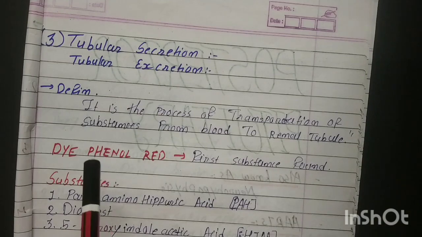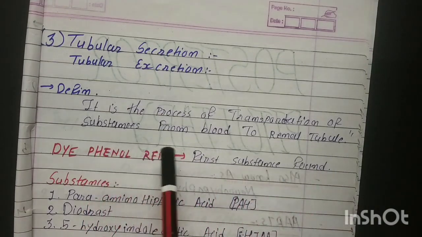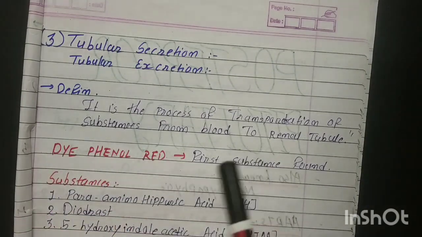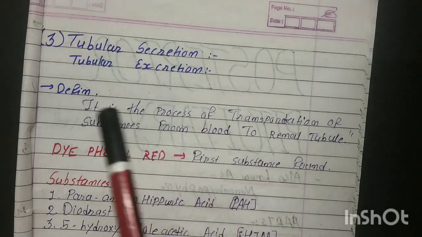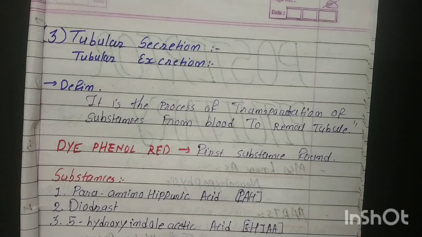So the definition is, it is the process of transportation of substances from blood to the renal tubule. In reabsorption, substances move from renal tubule to the blood, and here secretion occurs. That's why it is the transportation of substances from blood to renal tubule.